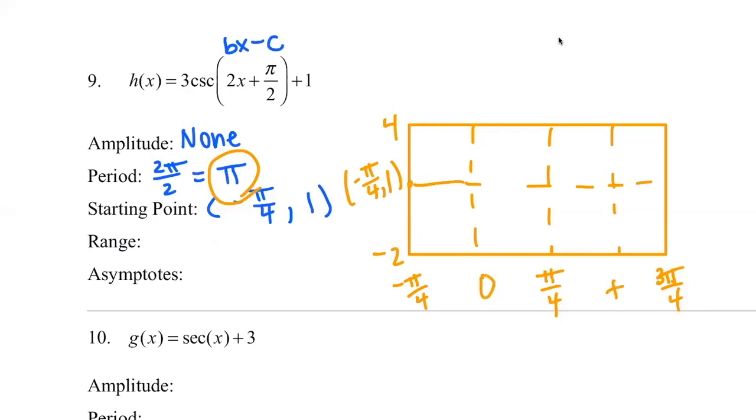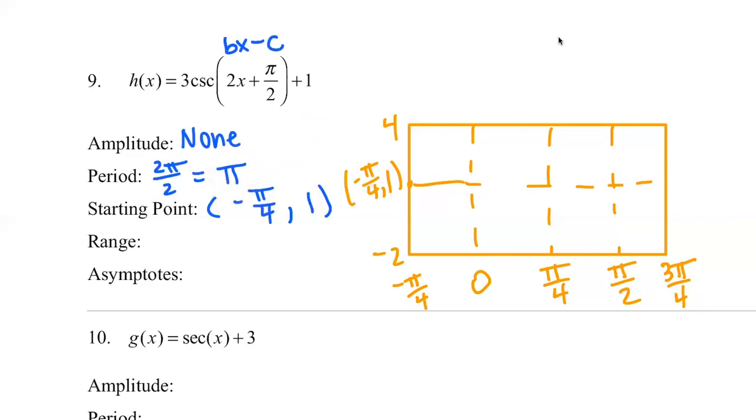If we add these two to get 4 pi over 4 and divide it by 2, our midpoint is at pi over 2. Maybe you like method number 2. If we take the period and divide it by 4, we can add pi over 4, add pi over 4, add pi over 4, and add pi over 4. You do what works for you.